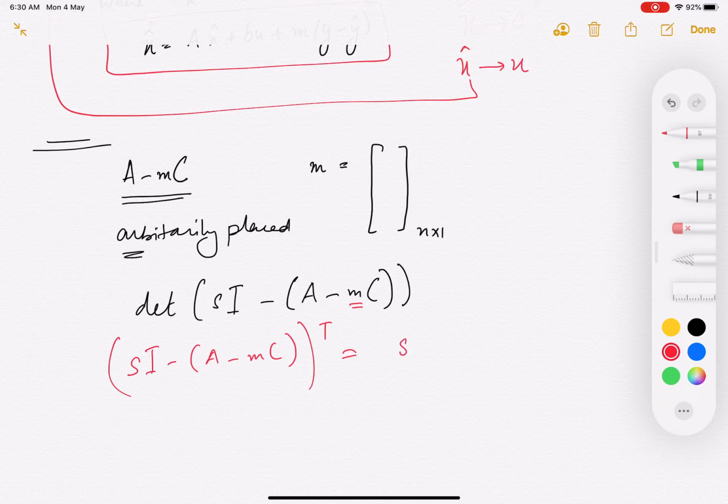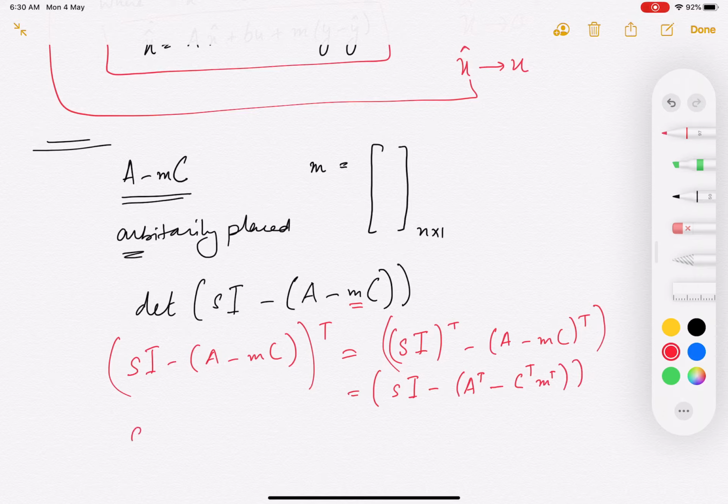So you have sI transpose minus (A minus MC) transpose. Here sI transpose, because it's a diagonal matrix, is sI only, minus A transpose, and the transpose of MC is C transpose M transpose.